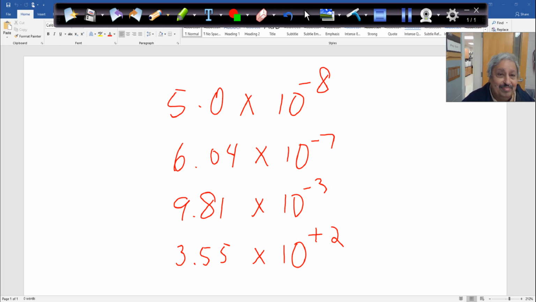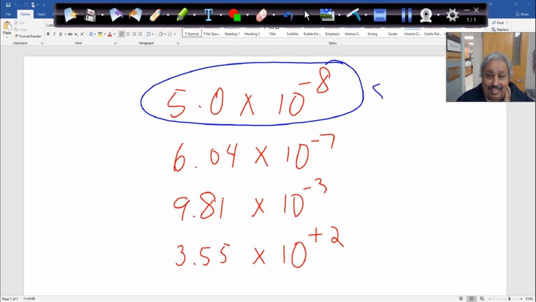Come on, guys. Which one is the smallest? Which one is the largest? The smallest is what? The last one? The first one? Somebody has another opinion? So, -8 is smaller than -7 and -3. So this is the smallest.